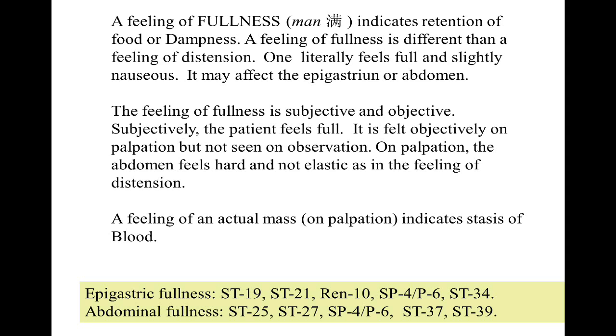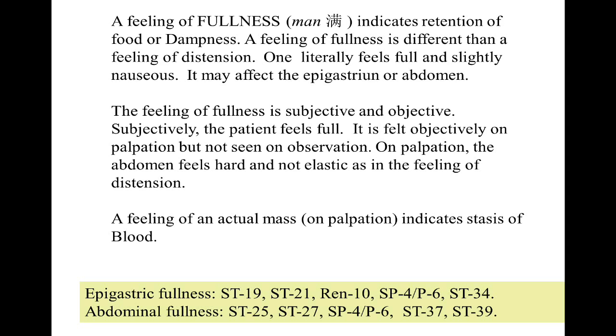So those points I just mentioned are for the middle burner, and for the lower burner, I also use the Chong Mai, as you can see there, spleen-4 and pericardium 6. I use stomach 25, which I already mentioned. And stomach 27 is also a very good point to make Stomach-Qi descend in the lower burner.